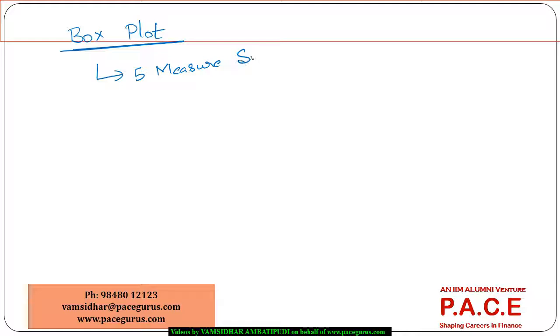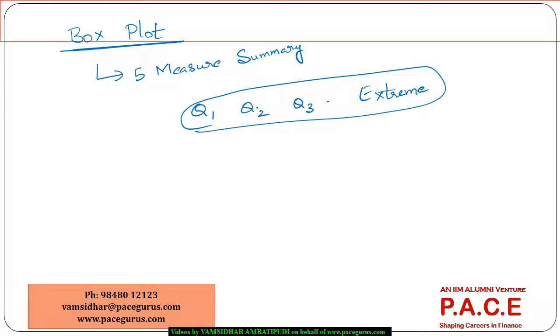What we do as a part of the 5-measure summary is we use the quartiles Q1, Q2, Q3 along with the extreme values, the minimum and the maximum. So these 5 values are helpful in the display of the box plot. The summarization using these 5 values is what we call a box plot.